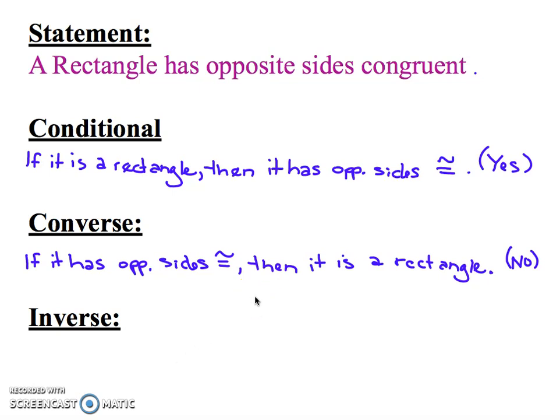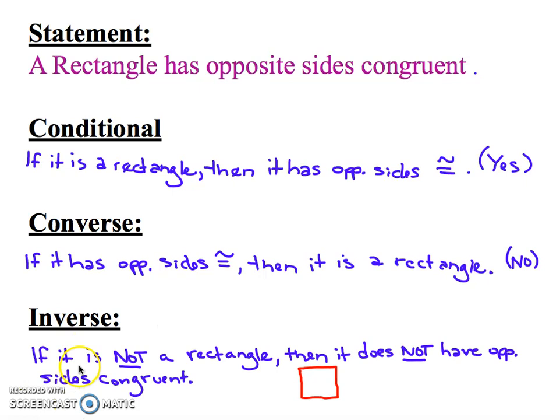The inverse comes from the conditional. So for the inverse, I'm going to insert the word not into the original conditional statement. To prove this true or false, you just have to think of all the shapes that are not rectangles. So you're saying if you don't have a rectangle, then you don't have opposite sides congruent.